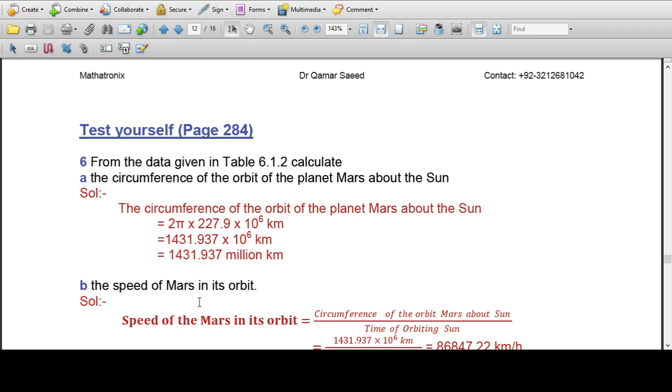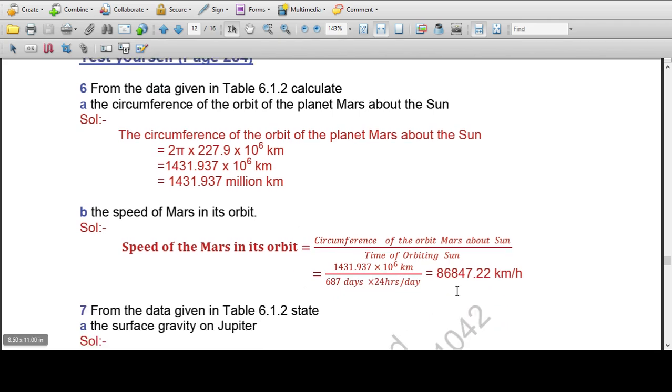The speed of Mars in its orbit is equal to the circumference of the orbit of Mars about the Sun divided by the time of orbiting the Sun. So this is the circumference of the orbit of Mars, and now we divide by the time it takes to orbit the Sun, 687 days from the table.